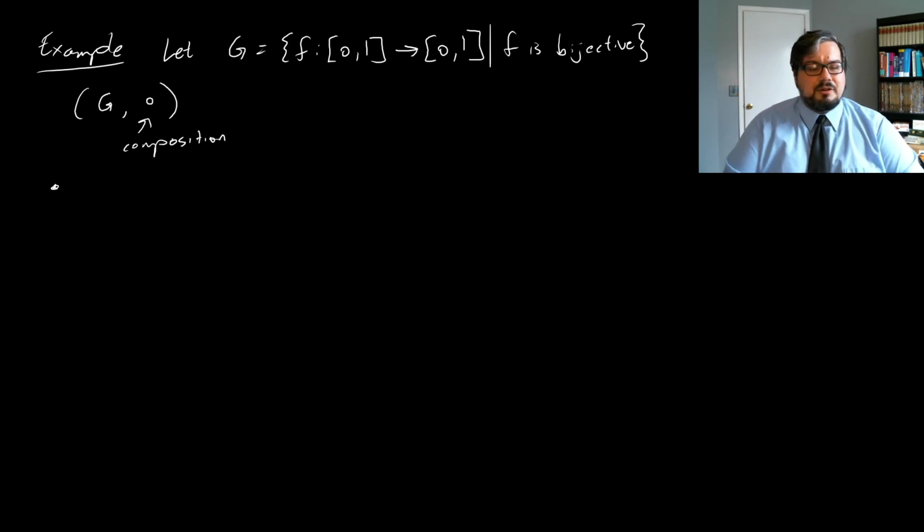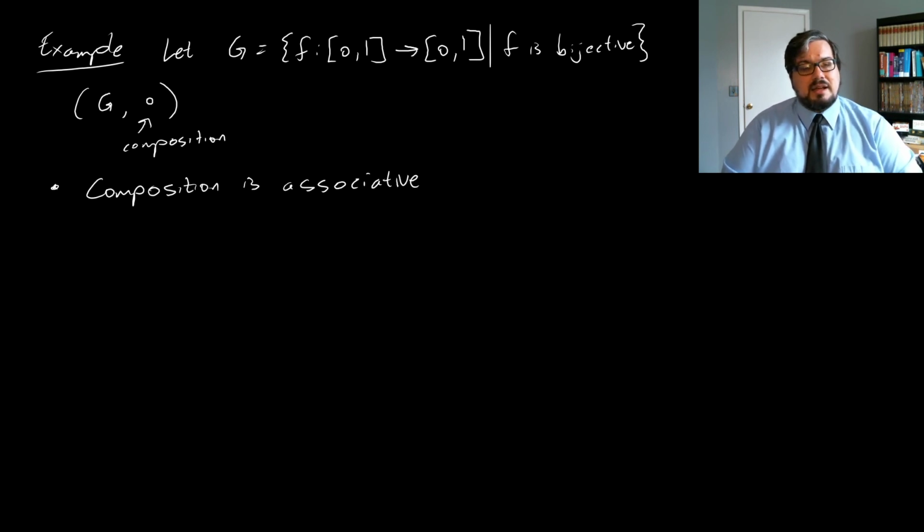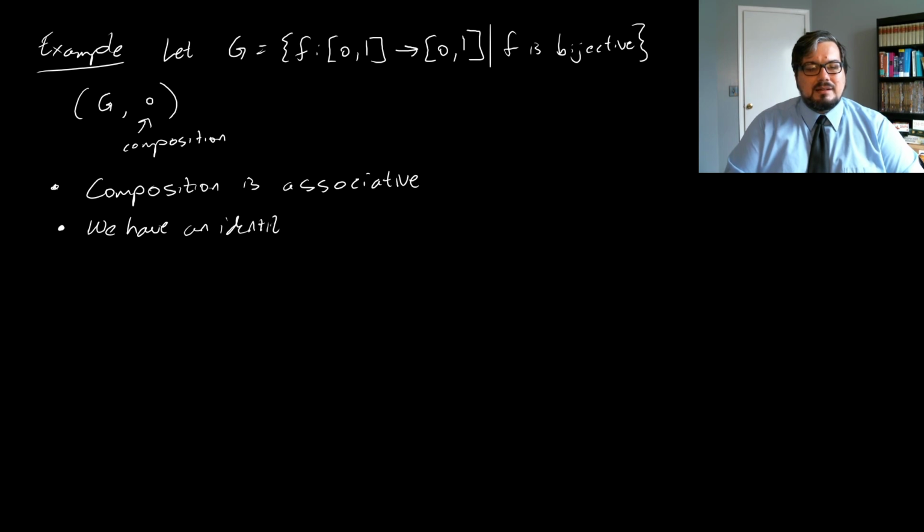Let's check and see whether this is a group. We know that composition is associative. We actually did that in the last lecture. We want to know that we have an identity element here, and in fact we do. We have an identity element, which is just the identity map on the interval, which sends an element x back to x.